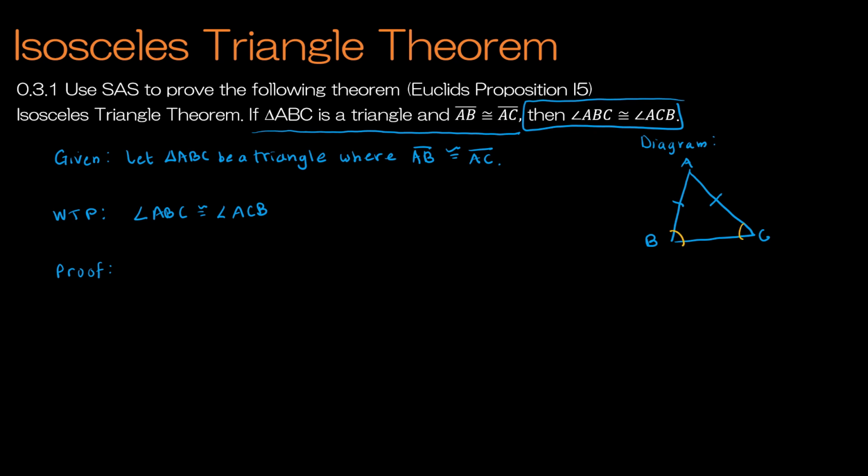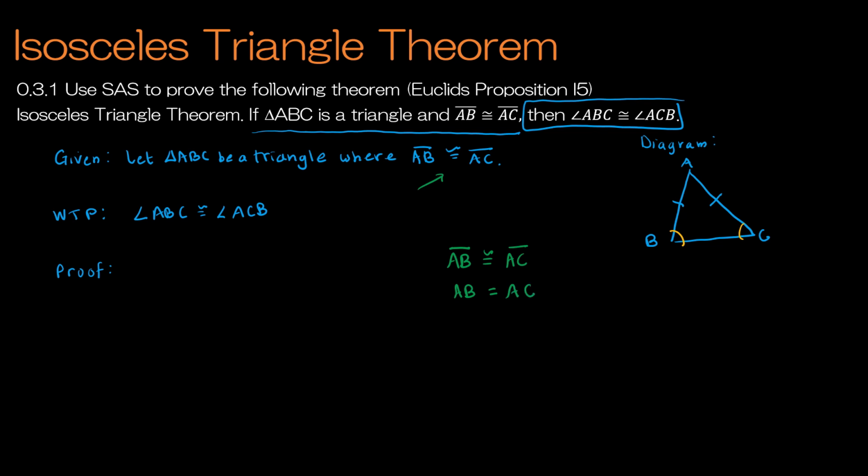Now, before we get started in the proof, I want to point out a couple of things that are not made perfectly clear in your textbook. Here we're talking about congruence. When I'm talking about congruence, I'm saying that the segment AB, so notice I'm going to use the segment above it, is congruent to the segment AC. If I were talking about the measures, which of course is related to congruence, if I'm saying the measure of AB, I would say is equal to the measure of AC.